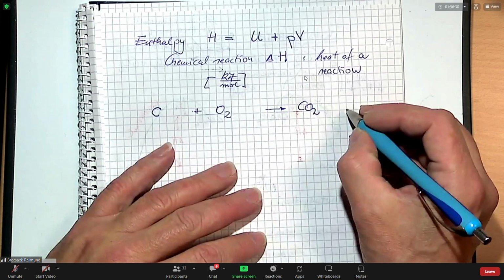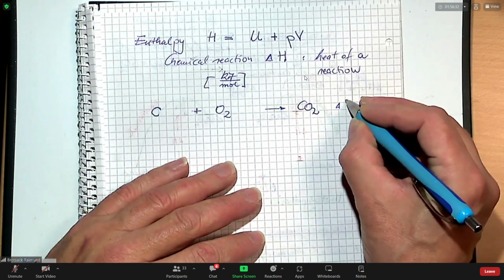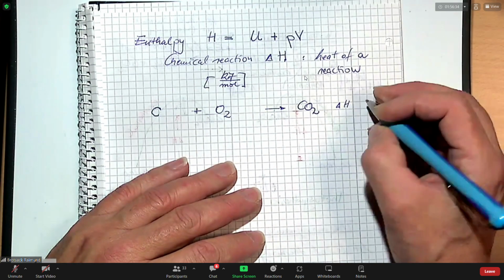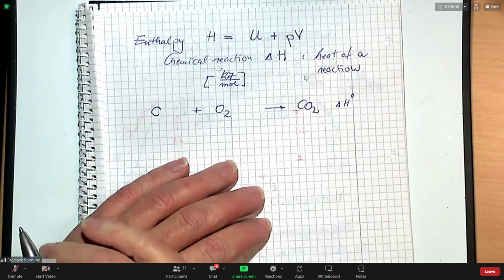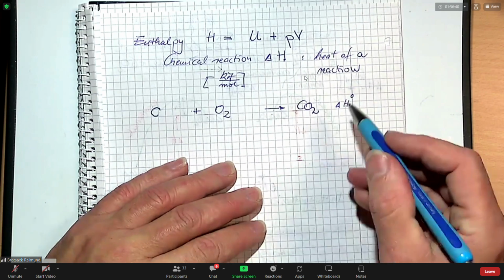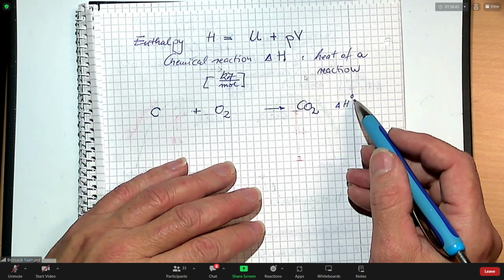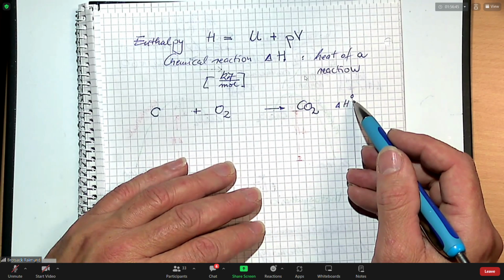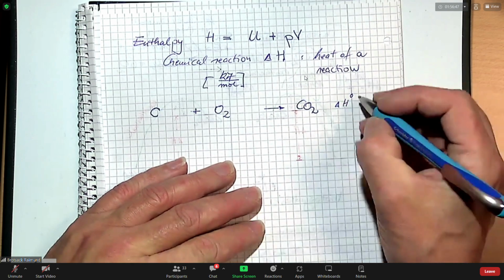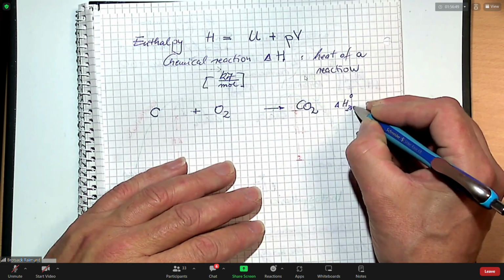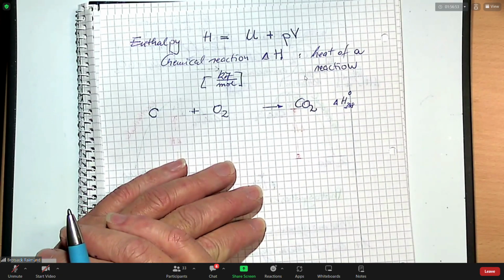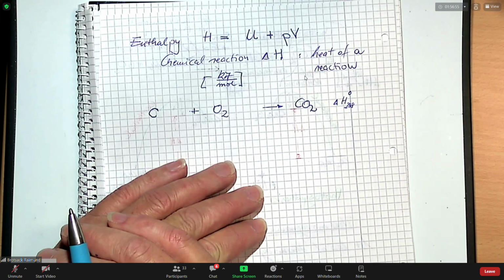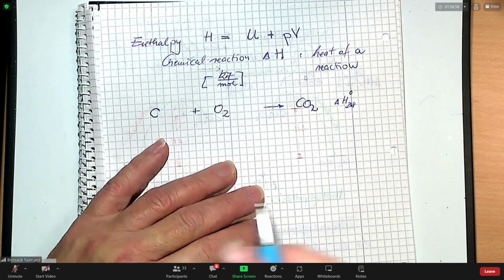And we know the value, the delta H of this reaction. The 0 means this is the pressure level at sea level, and 298 is 25 degrees Celsius. Those are the conditions here.